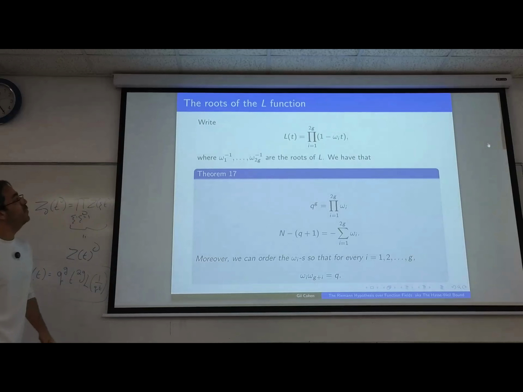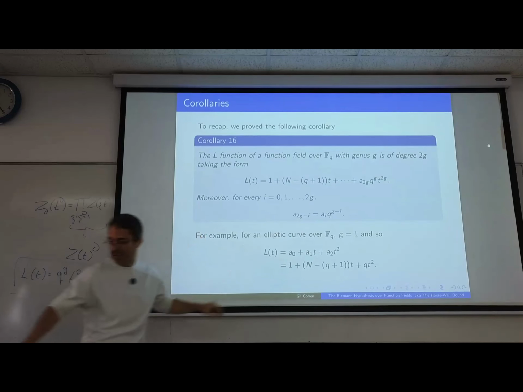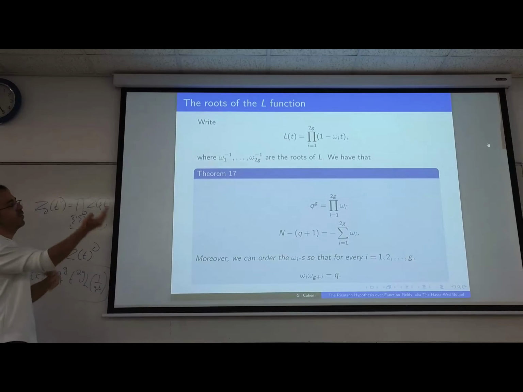So let's write the L polynomial as a product of 1 minus omega i t, where i goes from 1 to 2g. I'm making the assumption here, but it's the right assumption, that 1 is the free coefficient when I write it like that. We said that it's the free coefficient, so I can write it like that. And the roots are exactly 1 over the omega i's. It'd be nicer to talk about the omega i's like that.